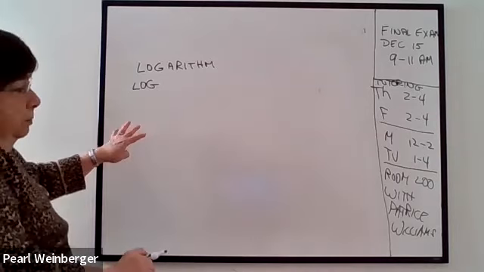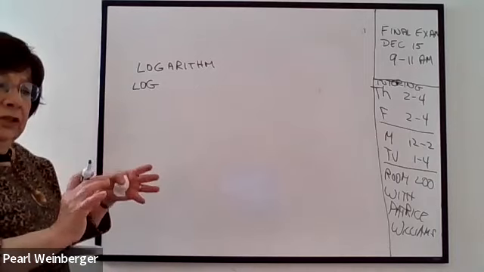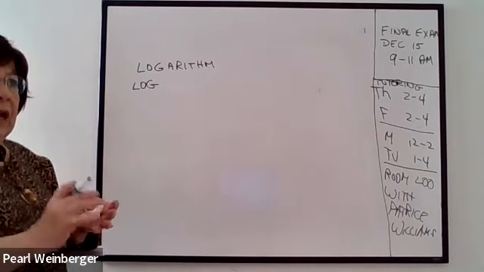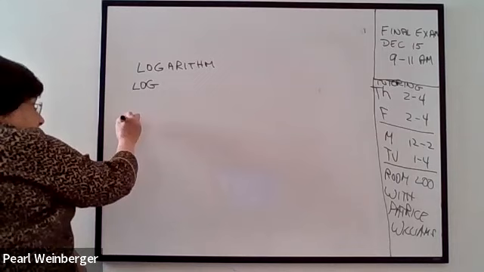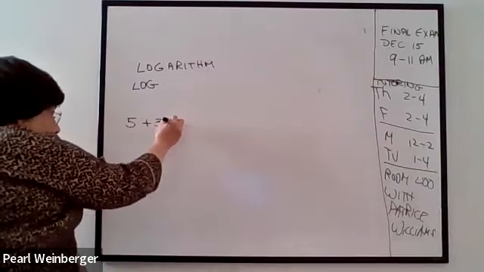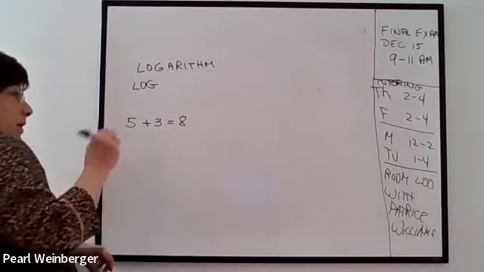So let me start by explaining some of the relationships we have when we do different operations. For example, I could say that 5 plus 3 equals 8, using the operation of addition.